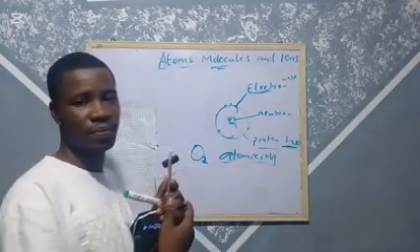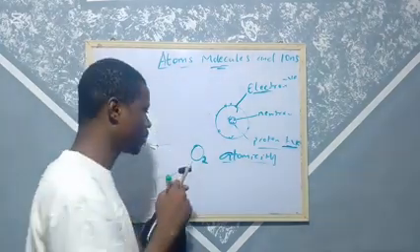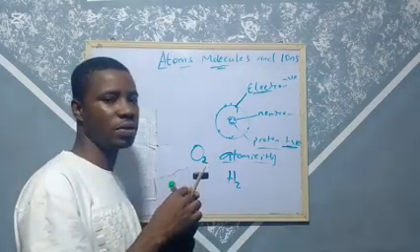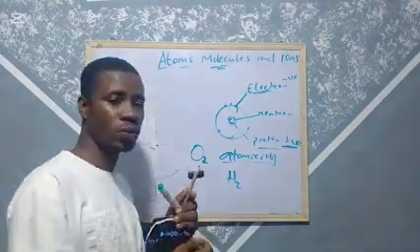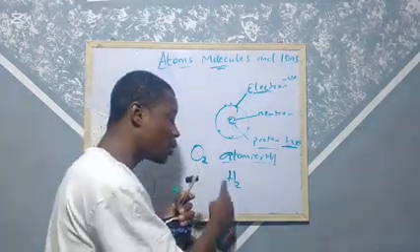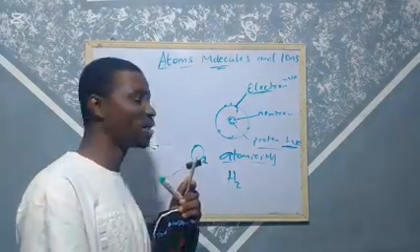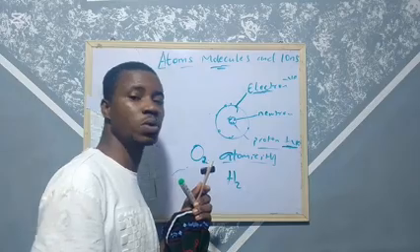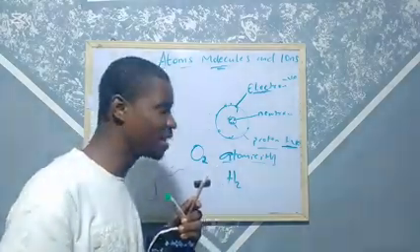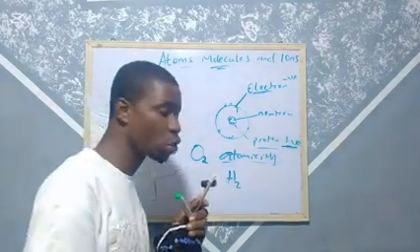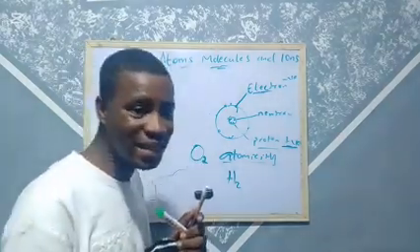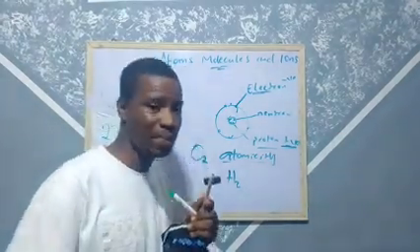Another example is hydrogen. Hydrogen molecule, you also have 2 atoms of hydrogen forming one molecule, so the atomicity of hydrogen is 2. Like I said before, the definition of atomicity is simply the number of atoms forming one molecule of any substance or any species or any element at all.